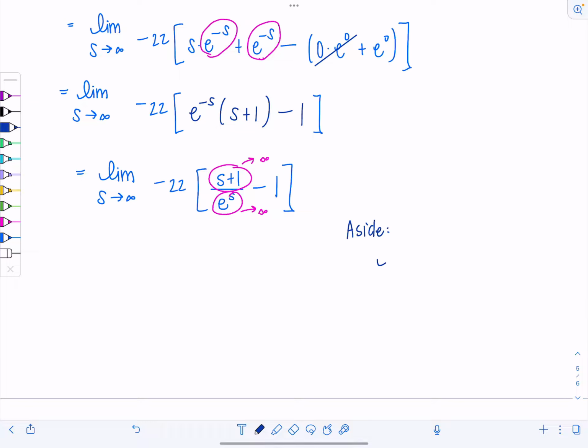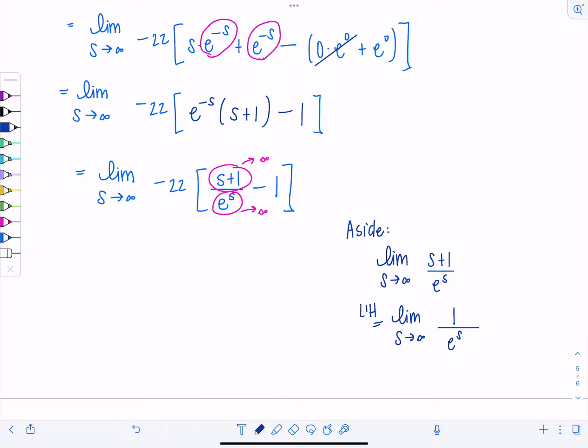So off to the side, we could look at the limit as s approaches infinity of s plus 1 over e to the s. Using L'Hopital's rule, now we have the limit as s approaches infinity of the derivative of the numerator, the derivative of s plus 1, which is going to be 1, and the derivative of the denominator, the derivative of e to the s, which is just e to the s.